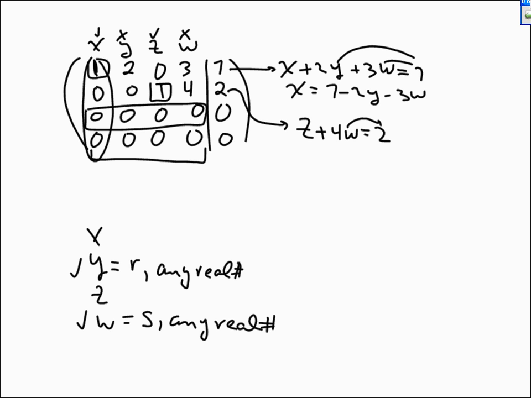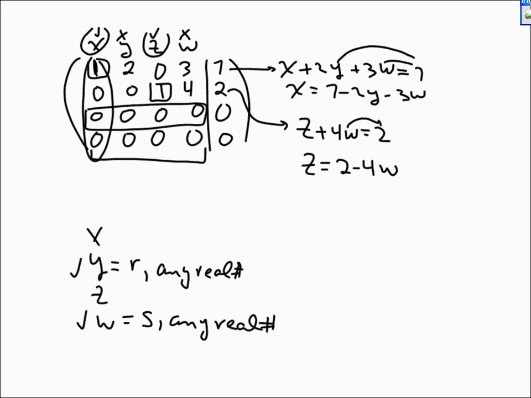W is an open variable. Z is not. Z has a check mark by it, just like X does. They had a leading 1 below them. A variable or a column that does not have a leading 1 is an open variable. Z is 2 minus 4w.